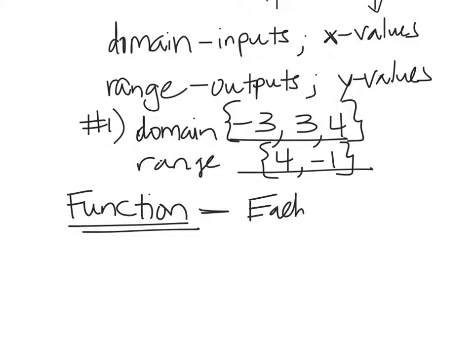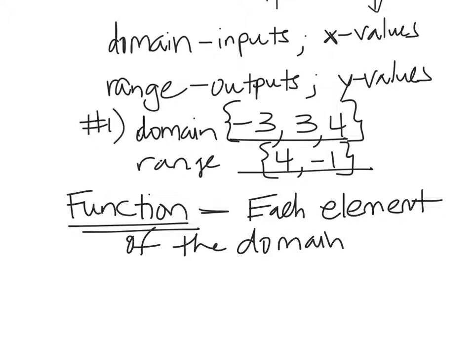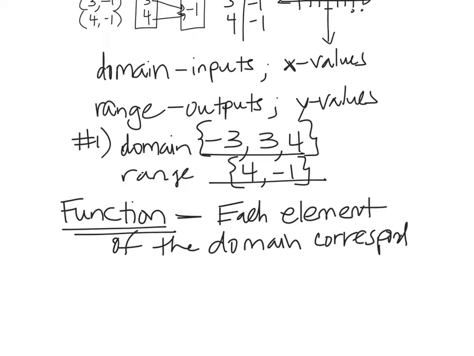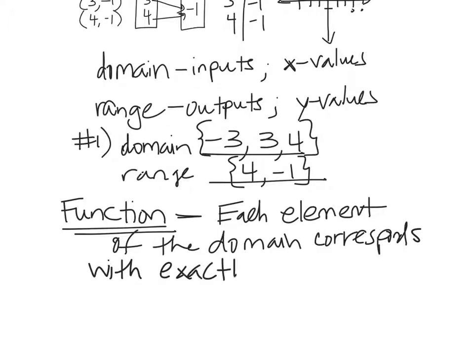Each element of the domain, so all the x's, each element of the domain corresponds, I know that's a big word, it means goes with or relates to, with exactly 1 in the range.